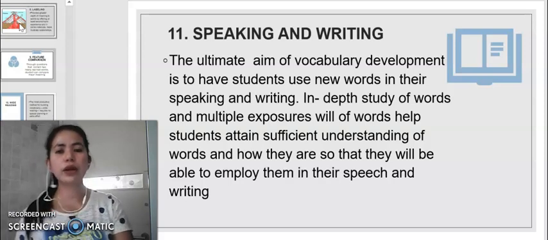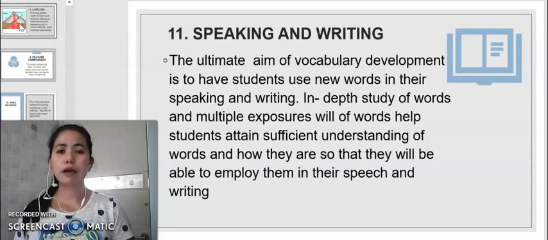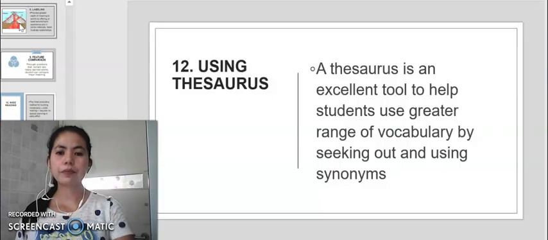So let the students report in class on that subject matter for them to practice their speaking, and allow them also to write an essay or a research paper to practice their writing.